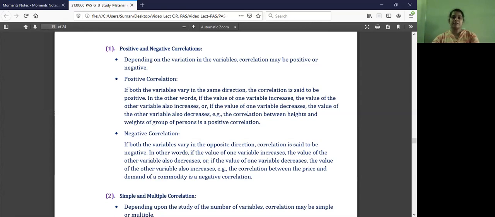Or if the value of one variable decreases, the value of the other variable also decreases. For example, the correlation between heights and weights of a group of persons is a positive correlation.